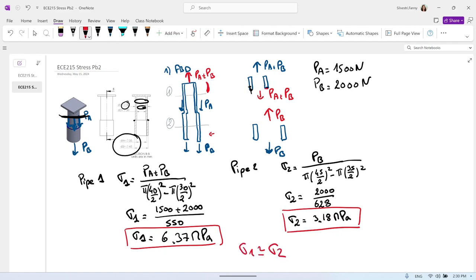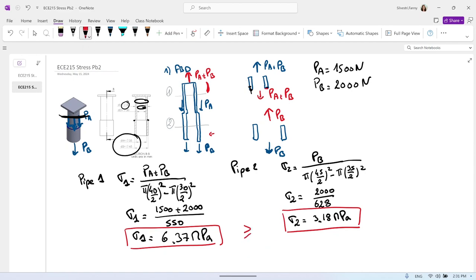So we will need to adjust the size of the pipes. Maybe the first pipe is a little bit thicker and the second pipe is a little bit thinner. So at the end, we can use the same materials for both pipes and get the same stresses all the way over the system. Right now, the upper pipe is submitted to twice the stress of the bottom pipe.